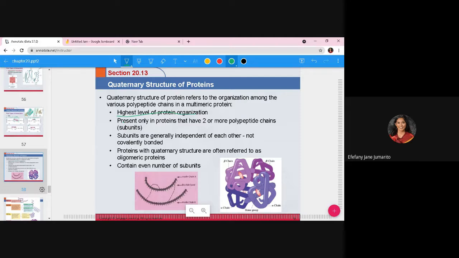Why? Because of the level of protein organization, ma'am. Ngano mang mag-organize siya? Kaning primary, secondary, tertiary, and quaternary.